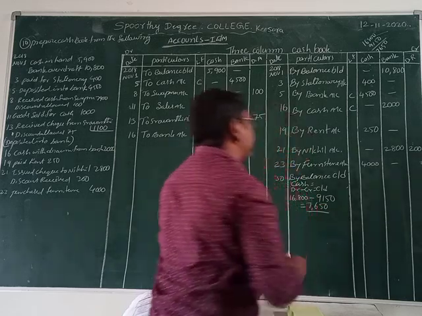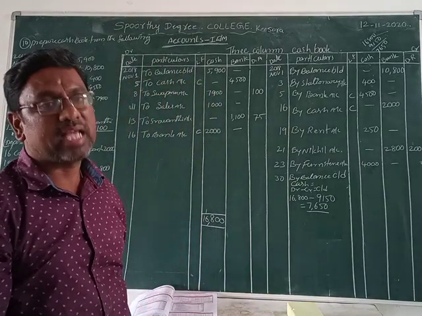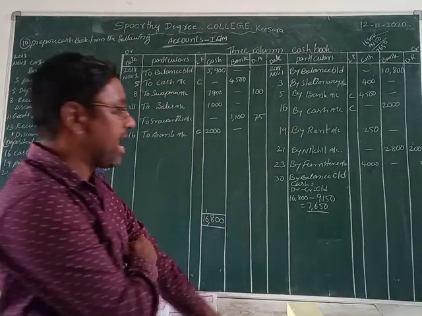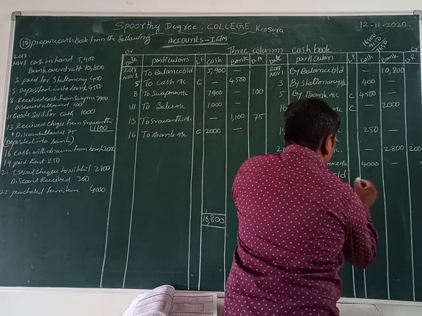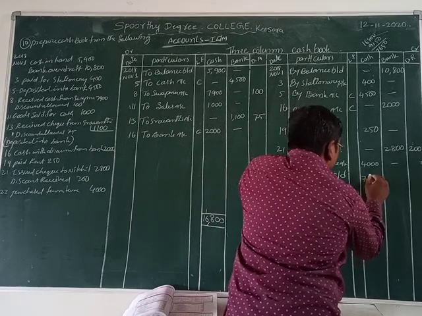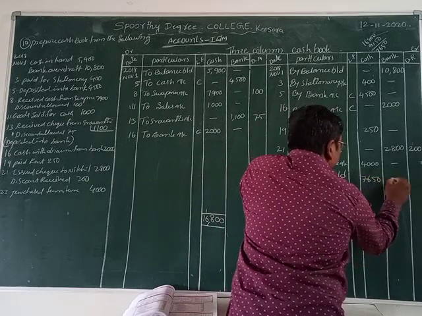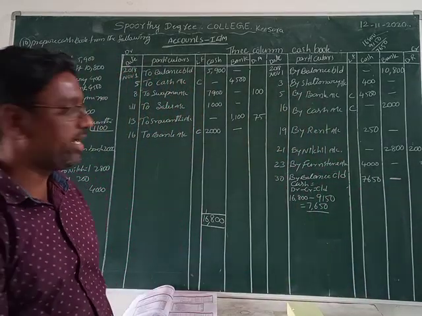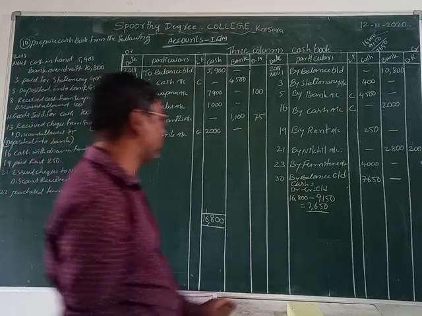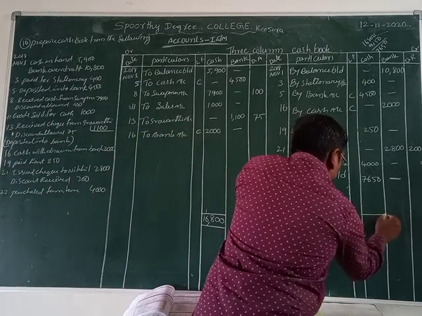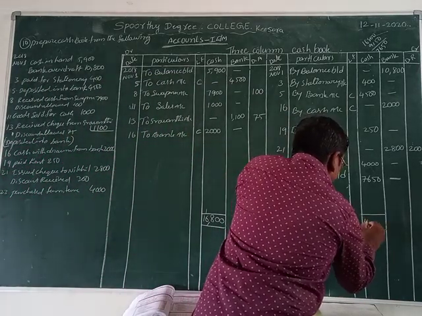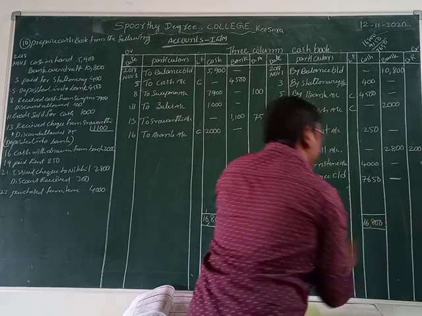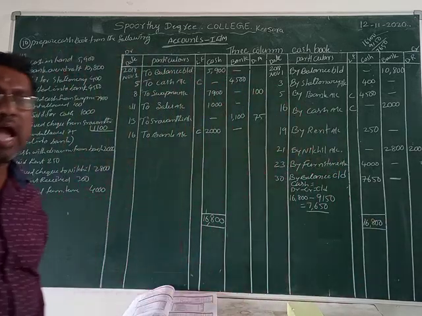This is the cash balance carried on. Let us write it in the cash column, 7,650. Bank has no balance carried on here, isn't it? So the cash account total is 16,800 rupees.